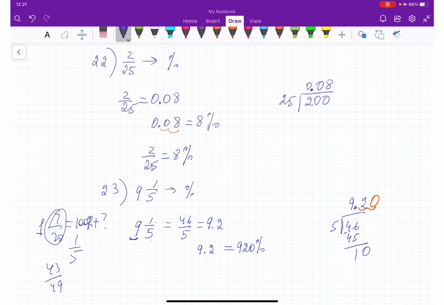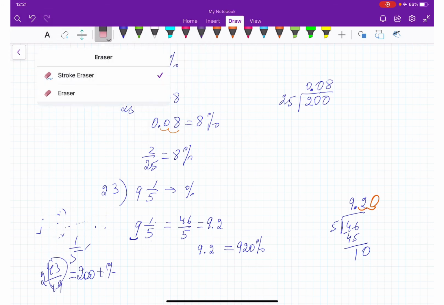If I put here 2, it's going to make 200 plus whatever percentage 43 over 49 will make. You understand? Because we have 9 and 1/5, so 9 is going to make already 900%, and 1/5 is going to be 20%, so 920%. Are we understanding?